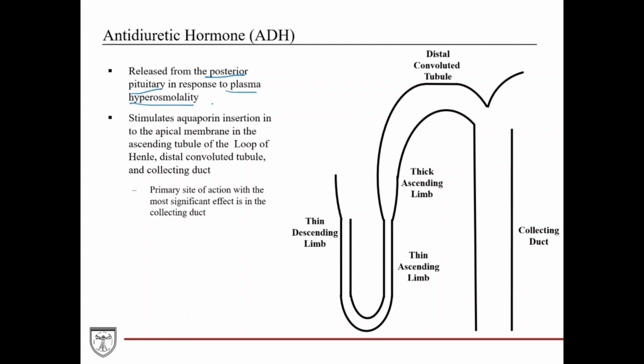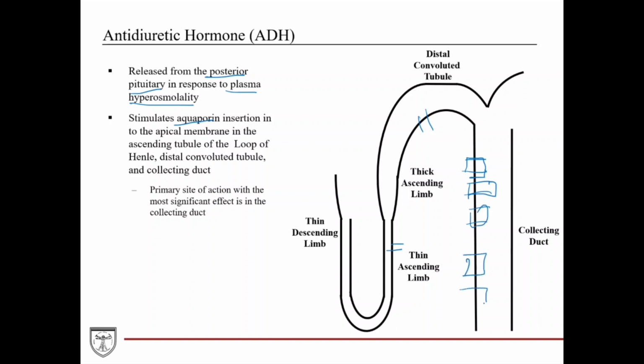So if you have hyperosmolality of the plasma, what you need to do is increase your reabsorption of water in the kidney so that you can balance out that osmolality. So as a result of that, as we talked about, it stimulates aquaporin insertion in a number of different areas. So in the apical membrane of the ascending loop of Henle, it can do it here, distal convoluted tubule, it can do it here, and then where the main one is that you really want to think about is in the collecting duct.